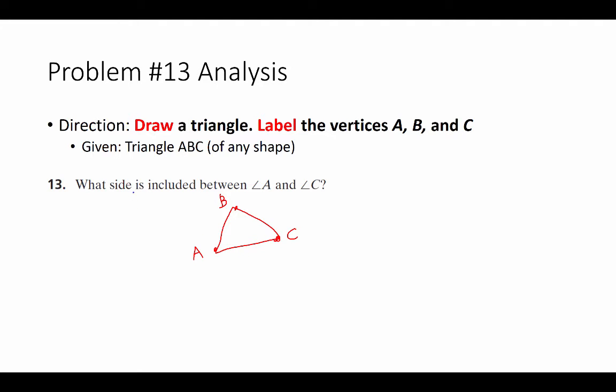It's asking us for the side included between angle A and angle C. Angle A is here, angle C is here. What's in between? It's not going to be the segment AB or BC. We want the one that's closer to each other, and in that case, it's this side. So our answer is segment AC.